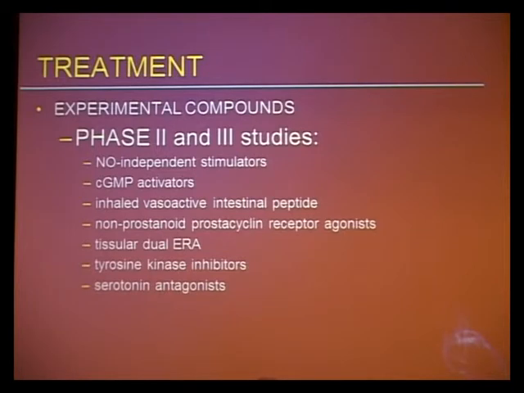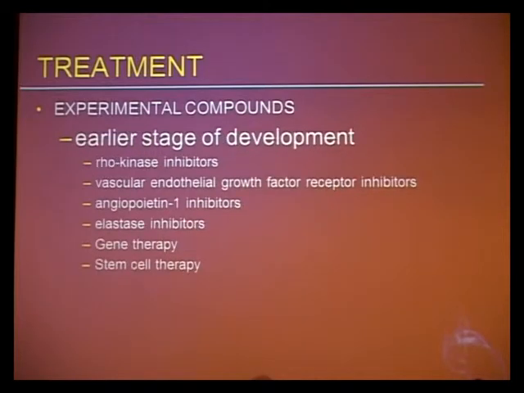There are other experimental compounds, including serotonin, tyrosine kinase inhibitors, and so on. They are in phase 2 and 3 of studies, and in an earlier stage of development, for example, Rho kinase inhibitor fasudil is a very promising molecule in the treatment of pulmonary hypertension, such as stem cell therapy and gene therapy.